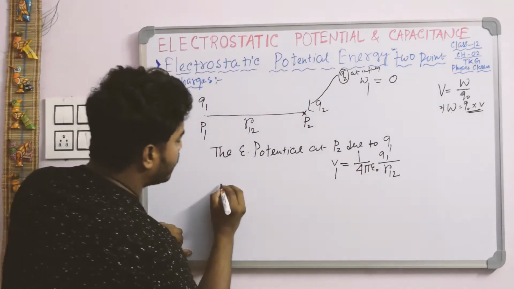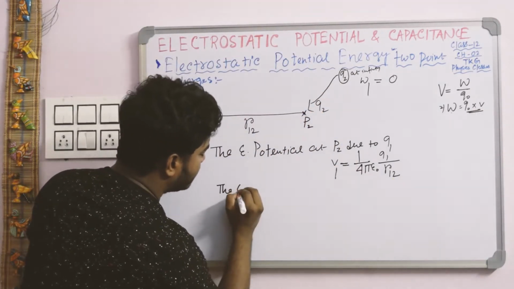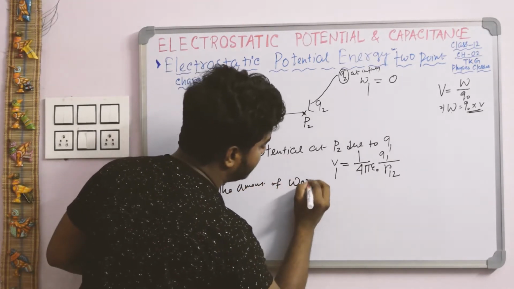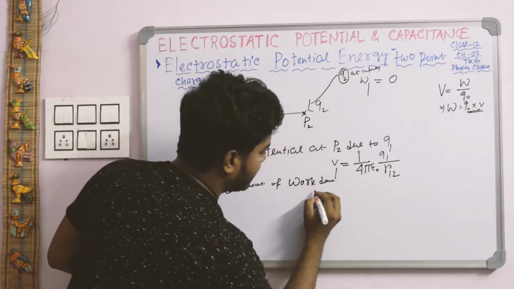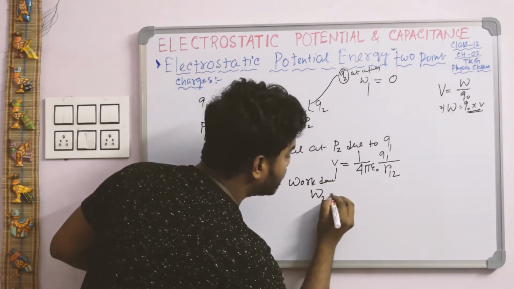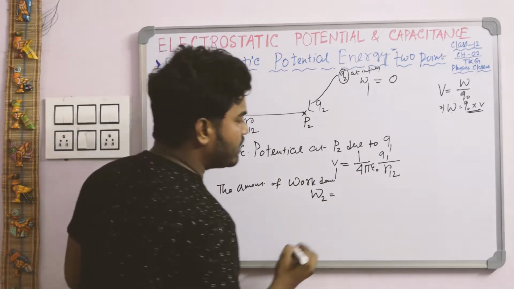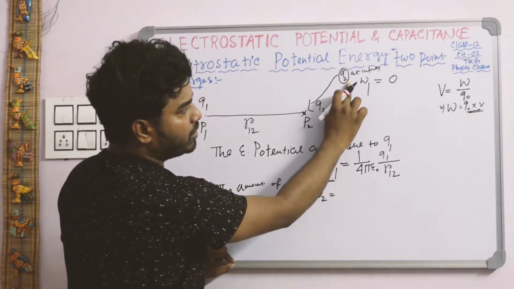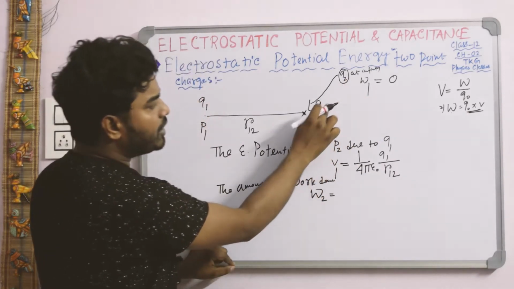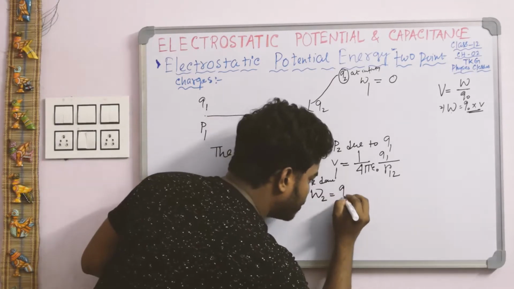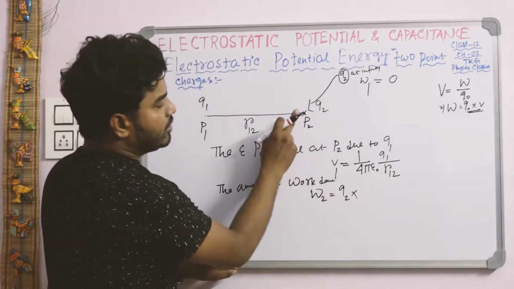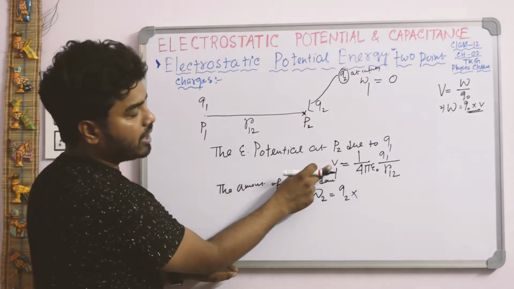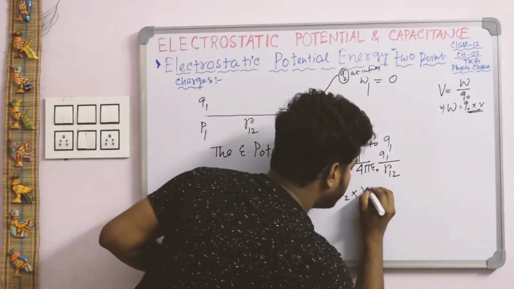The amount of work done, W2, is test charge Q2, moving from infinity to point P2, into the potential at point P2, which is represented by V1. So W2 is Q2 into V1.